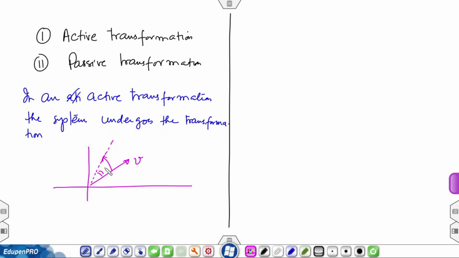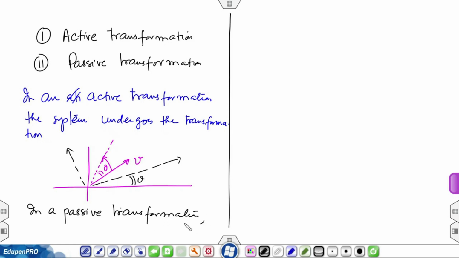That means this will be rotated by theta. In the passive transformation, recall just now from what we did, it was the axis which rotated. So, in a passive transformation, the coordinate system is transformed.